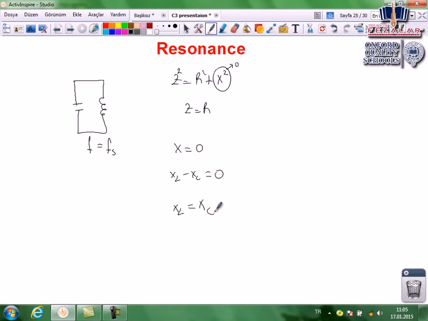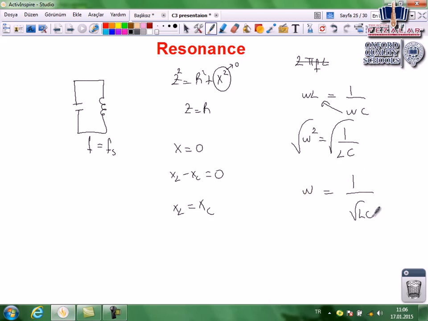What does it mean, XL equals XC? Remember, XL is 2 pi FL, or let's start with omega L equals 1 over omega C. Let's move omega to the left side and L to the right side by the cross product rule. Omega squared equals 1 over L times C. Let's take the square root of both sides. Now omega equals 1 over root of LC.